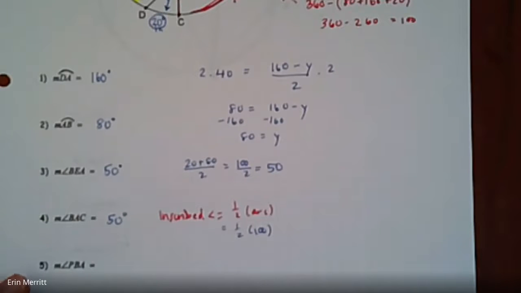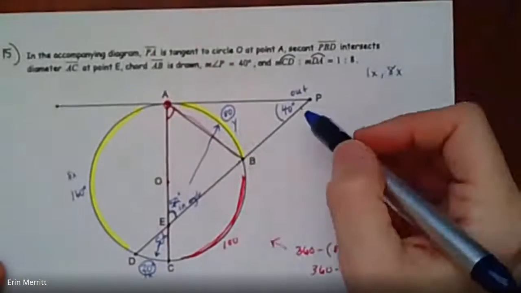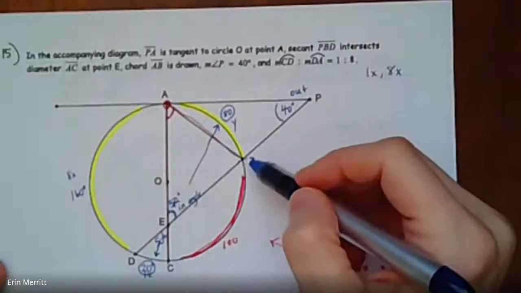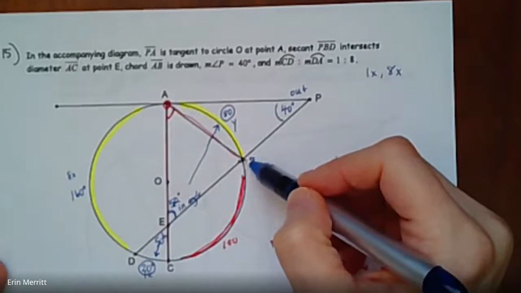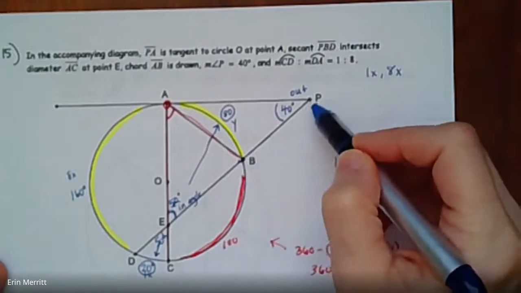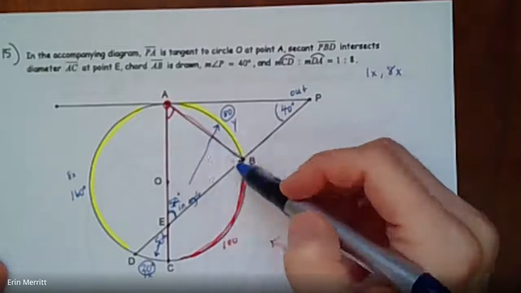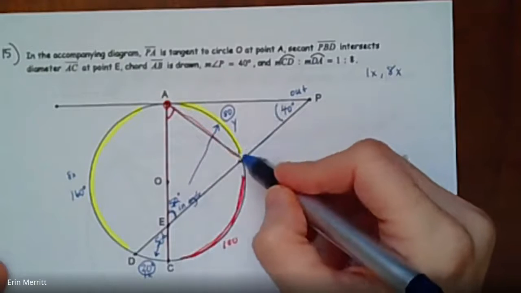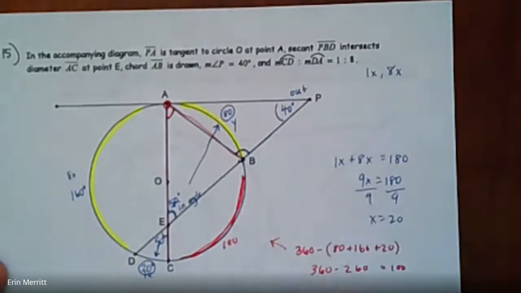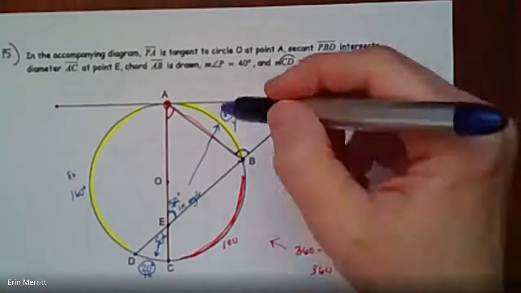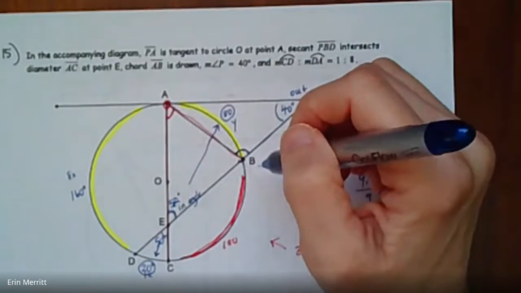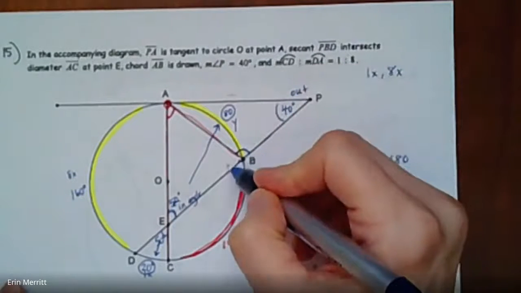All right, last part, PBA. I like this question because if I look at PBA, that's not any type of angle. Yes, the vertex is on the edge, but it's opening out. And the 2 sides aren't chords in the triangle. So this doesn't actually fit any one of the rules that we know. So what we have to do instead is find something else we could use. So I could look at the fact that I have a triangle right here, or maybe I want to look at the angle that's next to it.